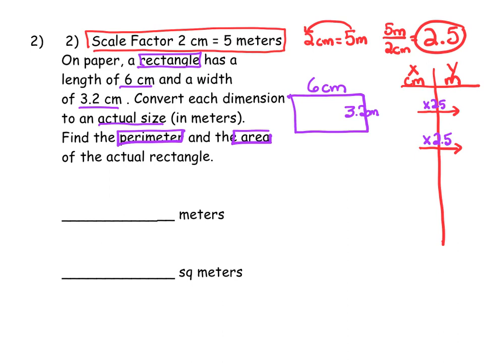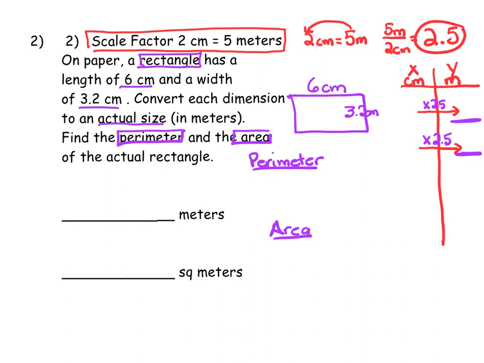Once you're done with that, and you have your actual dimensions, you are going to find the perimeter and the area for this rectangle.